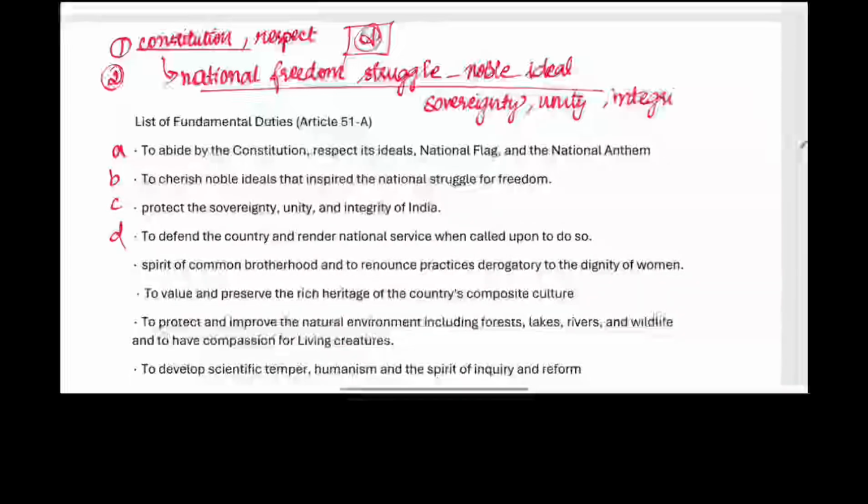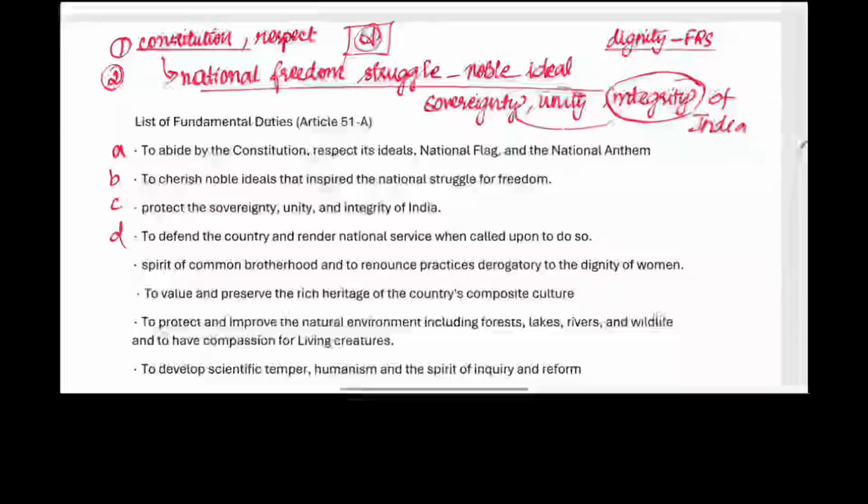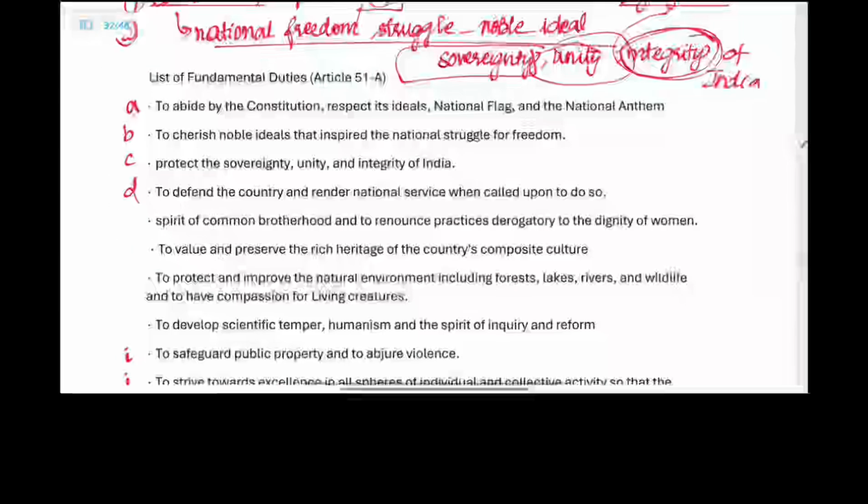Unity and integrity, we are speaking at the Indian level because it is a duty of the citizen. Dignity comes in the fundamental rights as well as fundamental duties, dignity of women. But for India, we are speaking of unity, integrity, and sovereignty. Three things are remembered as a link.